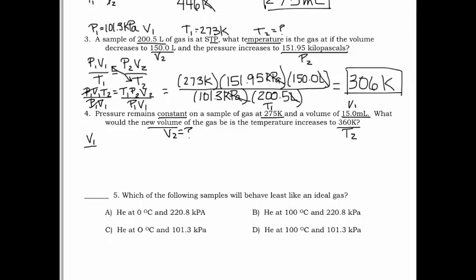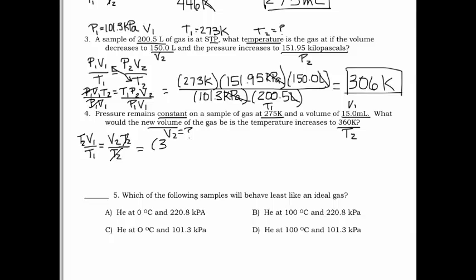So V1 over T1 is equal to V2 over T2. And to get V2 alone, we're just going to multiply by T2 on both sides. Now cancel those, and we can plug our numbers in.